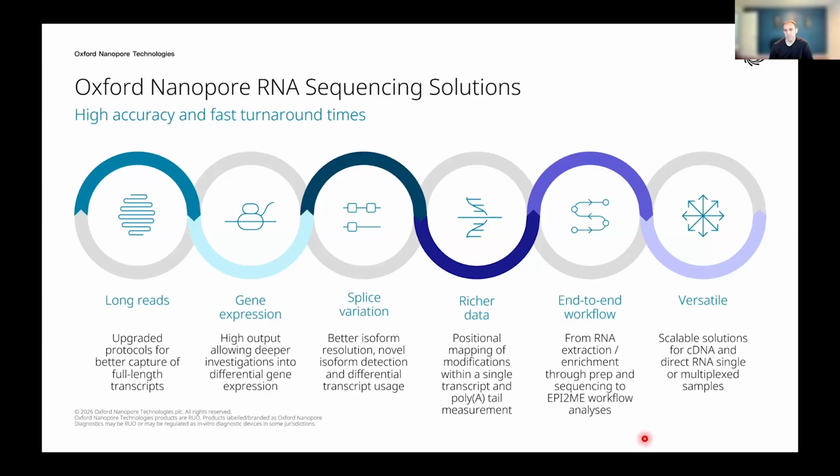We have all protocols for that, as well as downstream analysis through our software, the Epitome analysis platform. Our overall objective is to make transcriptomic studies more complete, more scalable, and easier to adapt as the research questions continue to evolve and our understanding of biology and cancer biology also evolves.